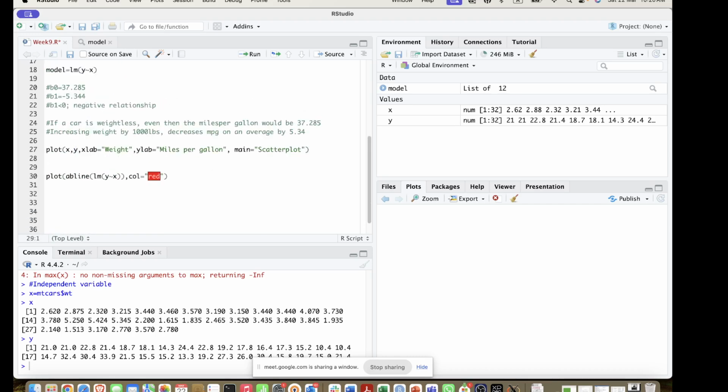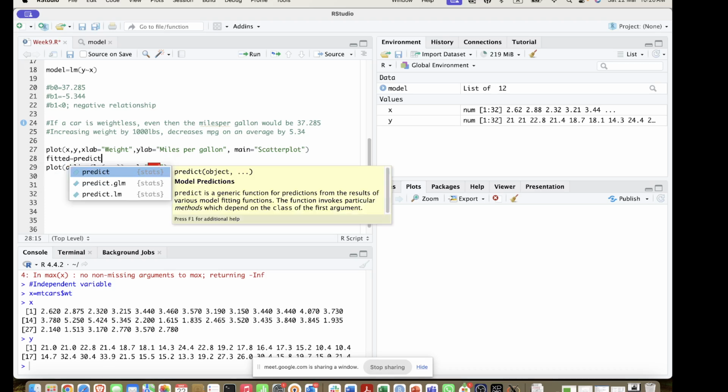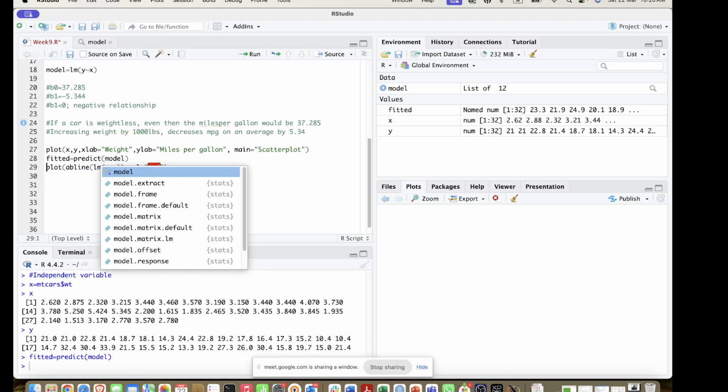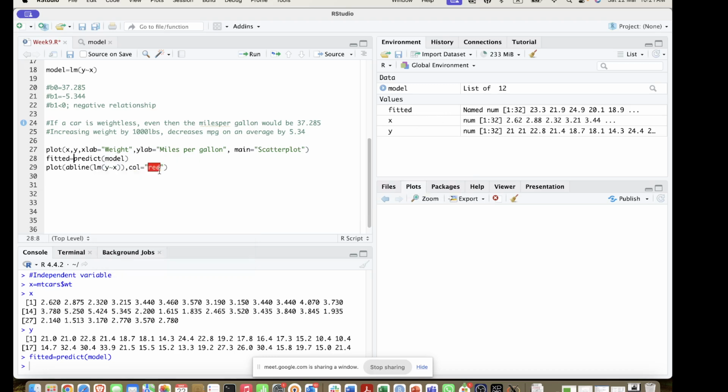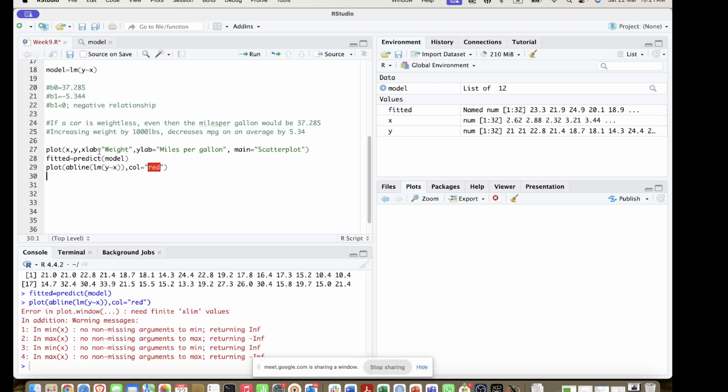Okay, let me just draw y predicted. So if I want the fitted values, I should give predict model. Then this is actually how my fitted curve looks like. Okay, this one I'm not so sure why it's not working. Need xlim values.